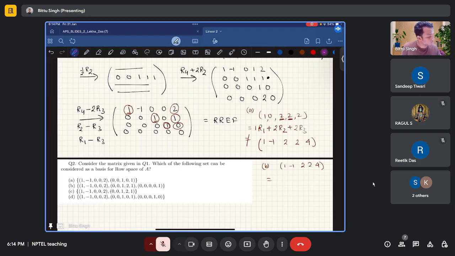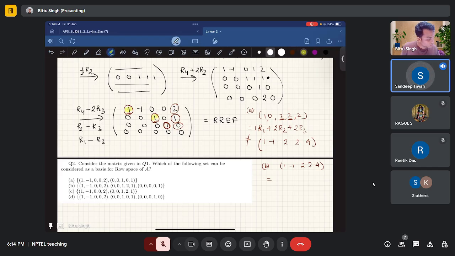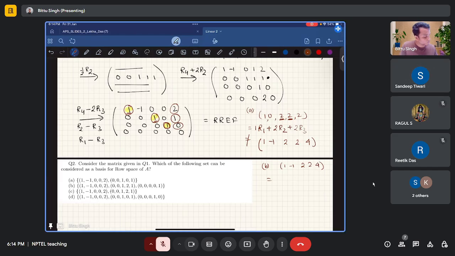So write the first row as it is plus 2 times the second row plus 2 times the third row. So the first place is also, again I am coloring those first, third place, and fourth place.